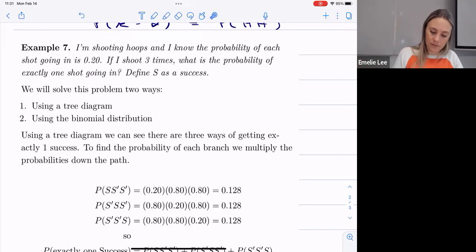And then if I shoot 3 times, so I try 3 times to get it in, so I have 3 trials, right? What's the probability of exactly 1 shot going in? Yeah. So S is going to be a success, so the shot goes in.